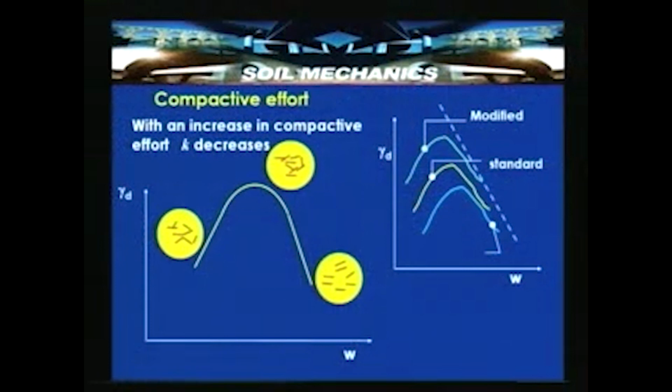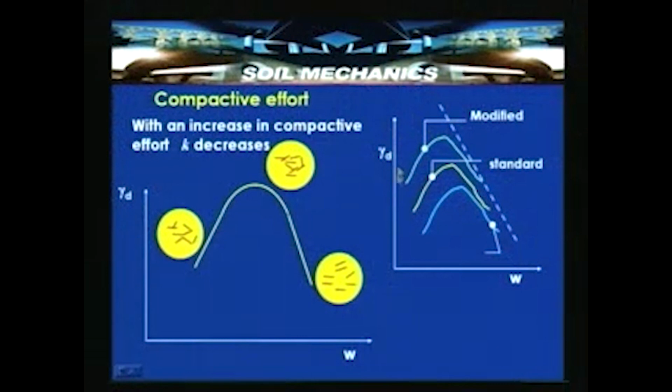Similarly, another factor which is required to be discussed is the compactive effort. As we discussed, in case of granular soils or sandy soils, it can be loose compaction or dense compaction. In case of clay soils, as we have already studied, it can be reduced compaction, standard Proctor compaction, or modified Proctor compaction.